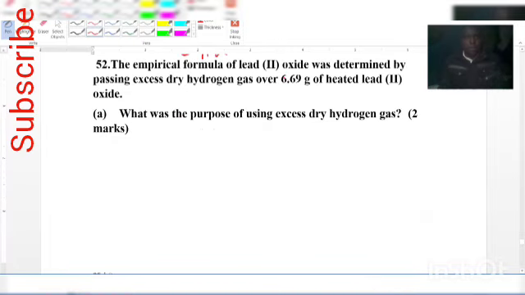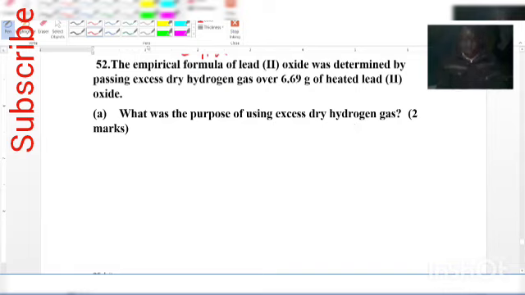The empirical formula of lead-2 oxide was determined by passing excess dry hydrogen gas over 6.69 grams of heated lead-2 oxide. What was the purpose of using excess dry hydrogen gas?